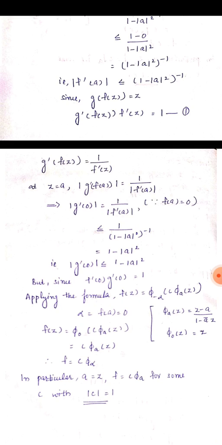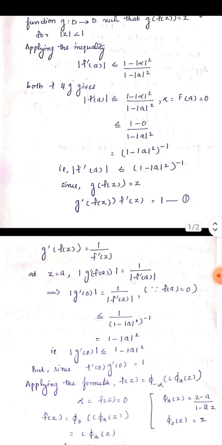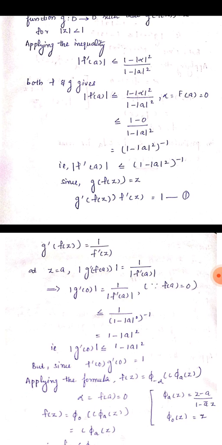So here we can apply that. So we get mod g dash of 0 equal to 1 by mod f dash of a, that is less than or equal to 1 by 1 minus mod a square whole inverse. We already found that mod f dash of a equal to 1 minus mod a square whole inverse.